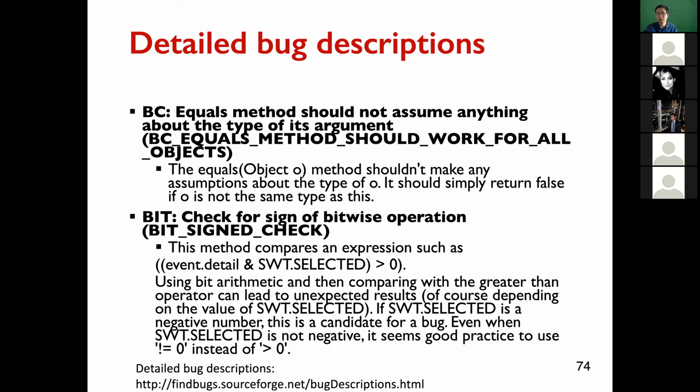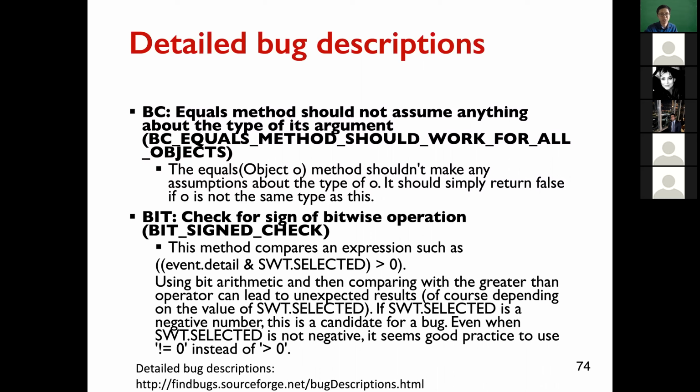So we define an equals method for our objects, and we shouldn't make assumptions about the type of the input. We should simply return false if o is not the same type as this. If we find a violation of this rule, the static tool can give a report.